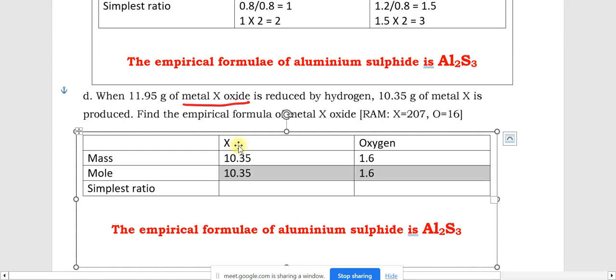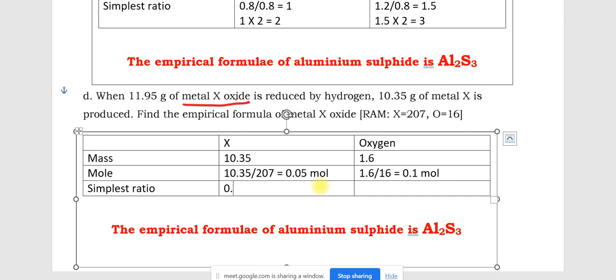Okay. Then to get the mole, you divide by the RMM. 0.05 mole, and this one 0.1 mole. So 0.05 is smaller.